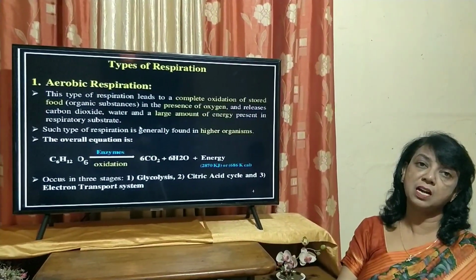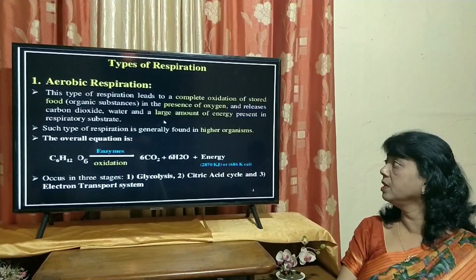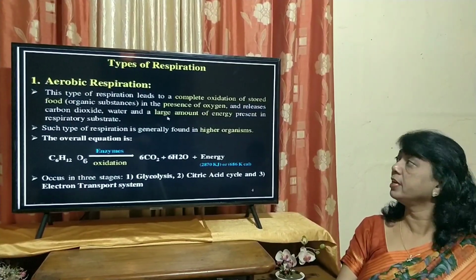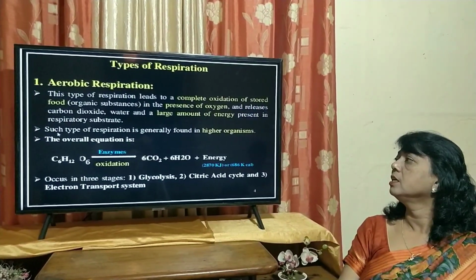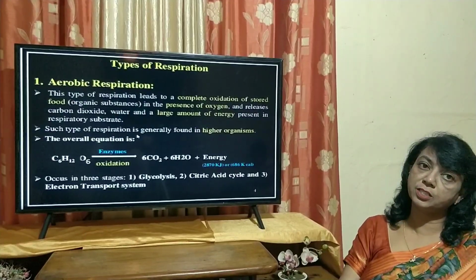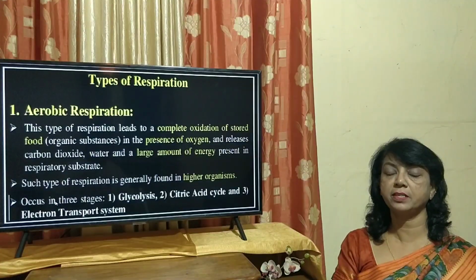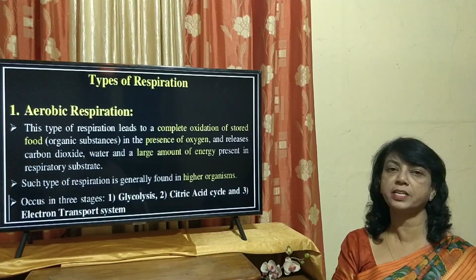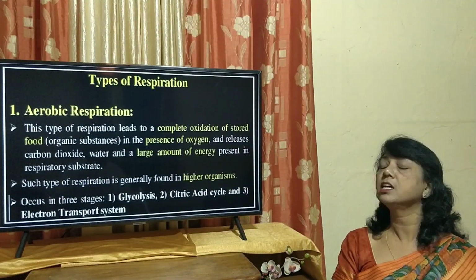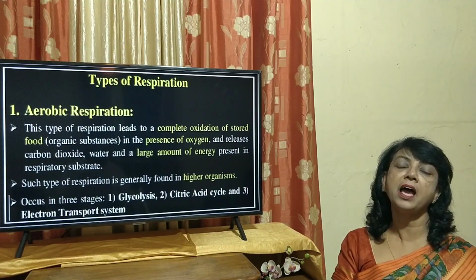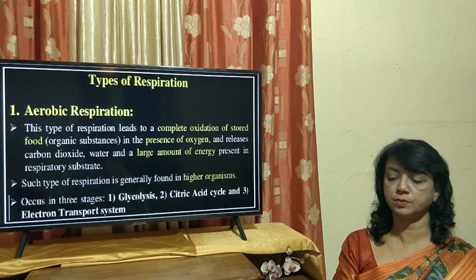It releases carbon dioxide and water and a large amount of energy. Such type of respiration generally takes place in higher organisms. Aerobic respiration occurs in three stages: glycolysis, citric acid cycle, and electron transport.